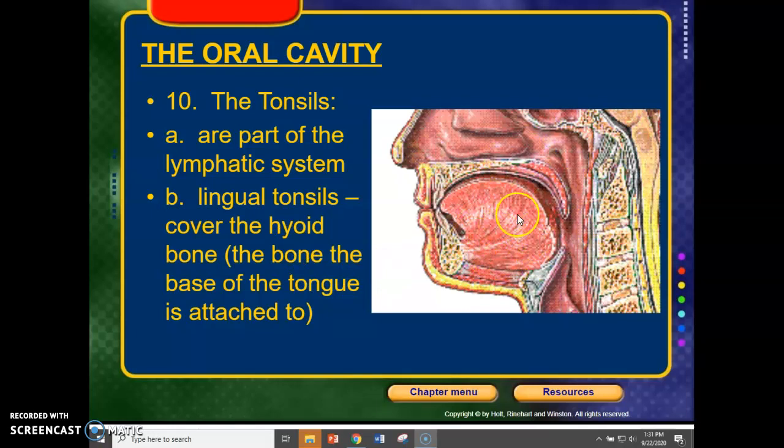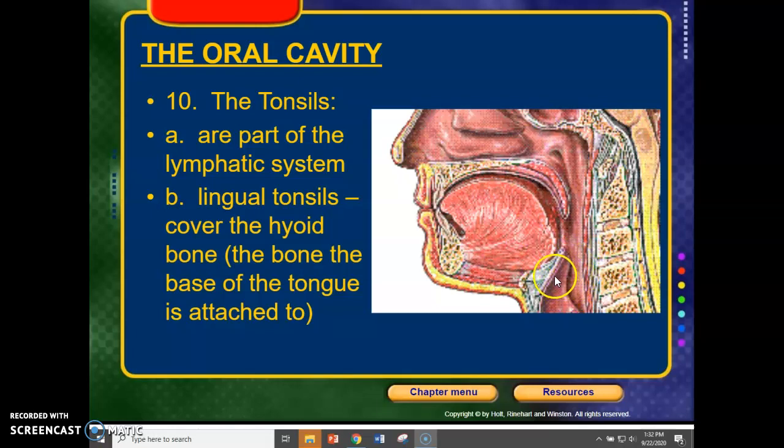So here's your tongue. It's much thicker than you think. And down here in the bottom part of your throat, toward the back, is this bone right here called the hyoid bone that the tongue is attaching to. These tonsils are lymphatic tissue that cover around this bone. You can't see them when you open your mouth, because you would have to open your mouth really big and you're going back into your pharynx and then down your throat and looking right in here.